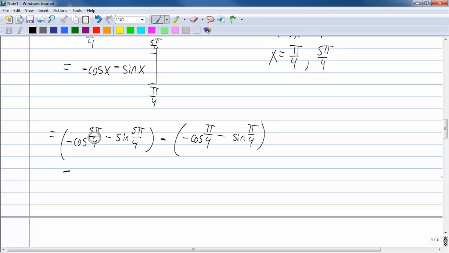Cosine is negative in the third quadrant, and the cosine of pi over 4 is square root of 2 over 2. So that's negative square root of 2 over 2 minus, that's going to be negative as well in the third quadrant. So that's going to be negative square root of 2 over 2.